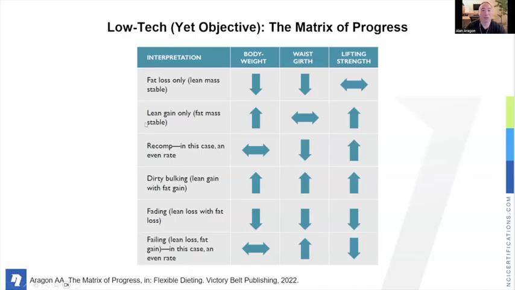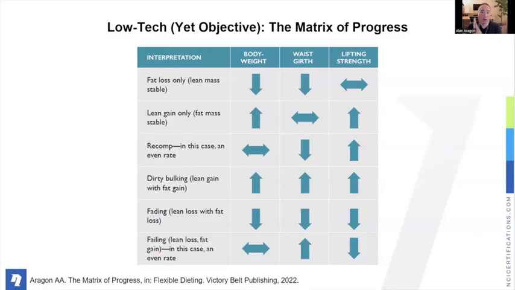Okay, so lean gain only would be indicated by an increase in body weight, stabilization of waist circumference, and an increase in lifting capacity. What we can do with lifting performance is use it as a sort of surrogate indicator of what's going on with lean body mass.